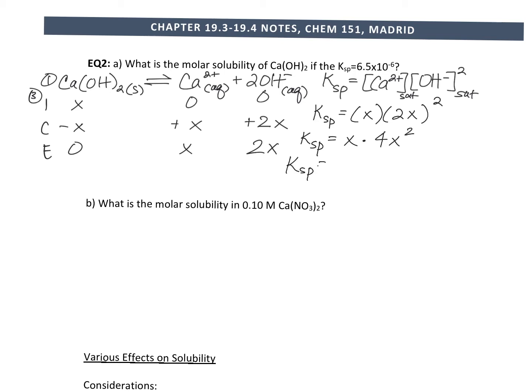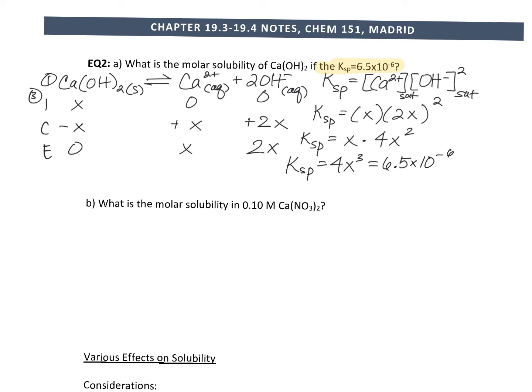And now the Ksp is equal to 4x cubed. All right, then we set that equal to the Ksp that is given to us up here, 6.5 times 10 to the negative 6.